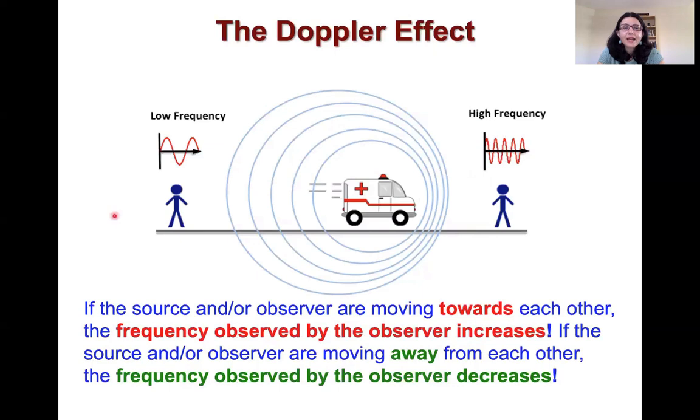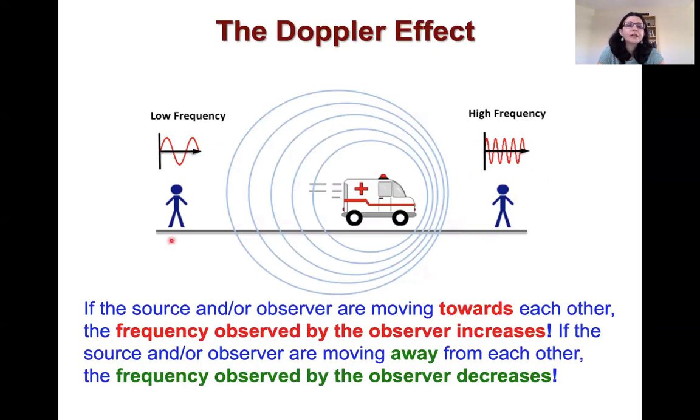Now the opposite happens. So basically, if you're an observer standing in front of the ambulance as it is approaching you, what you're going to hear is a frequency which is higher than the actual frequency emitted by the ambulance when it's stationary.